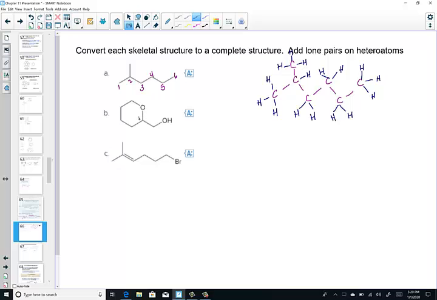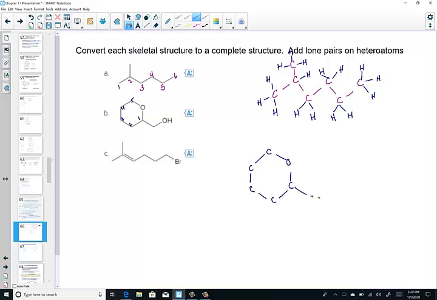Let's call this carbon 1, 2, 3, 4, 5, and part of this ring structure is an oxygen as well. So for letter B, I'm going to start here, lead up to an oxygen, over to a carbon, down to a carbon, and create that ring just as it appears in the structure.